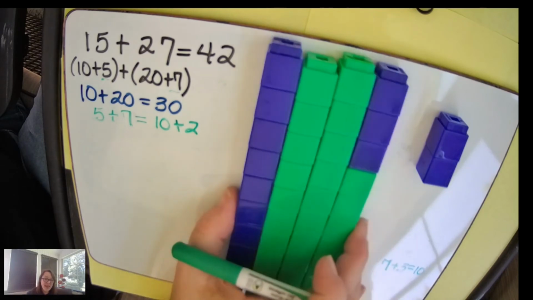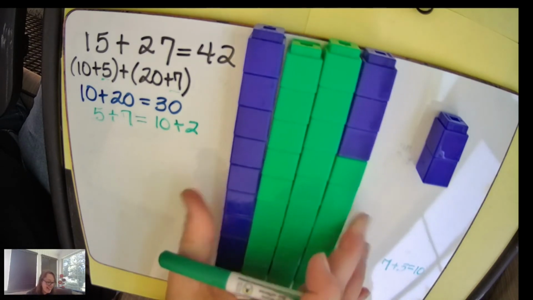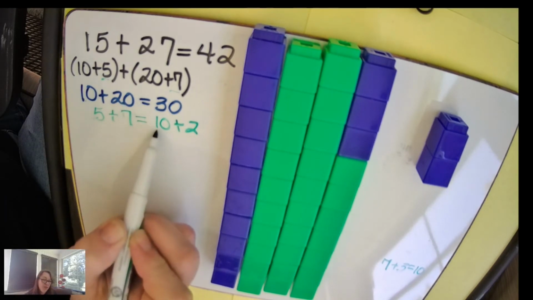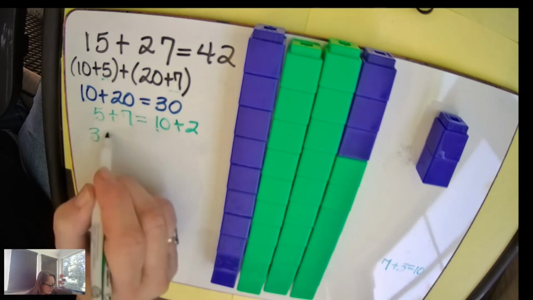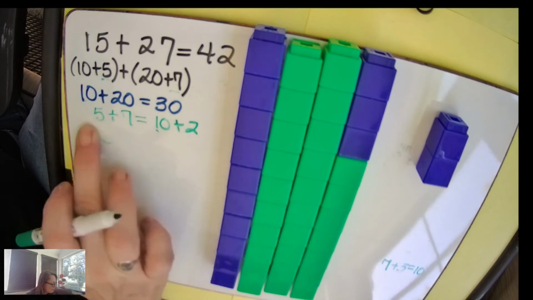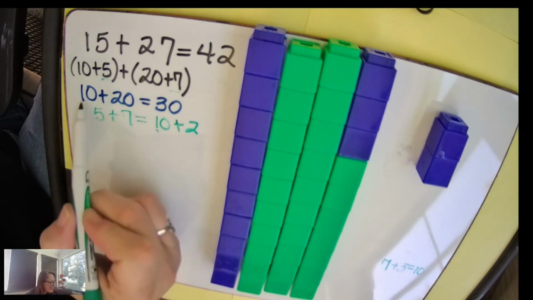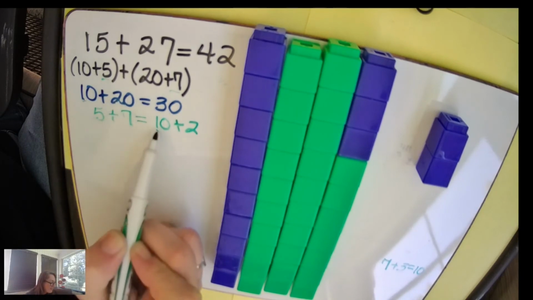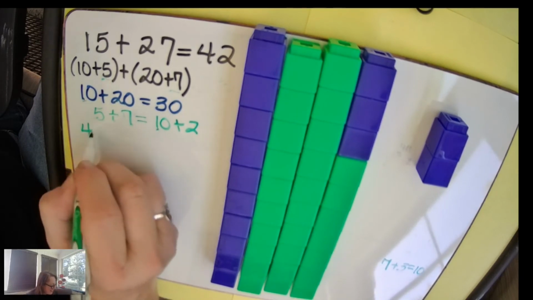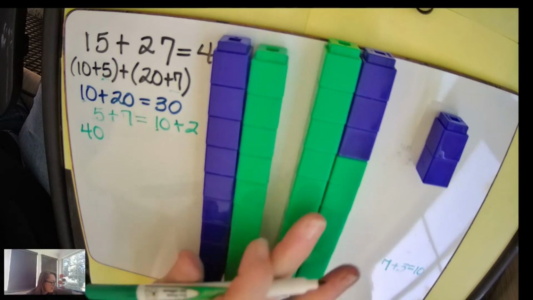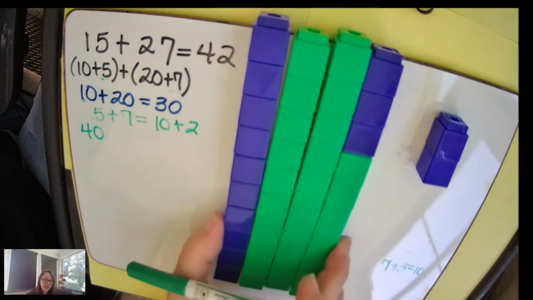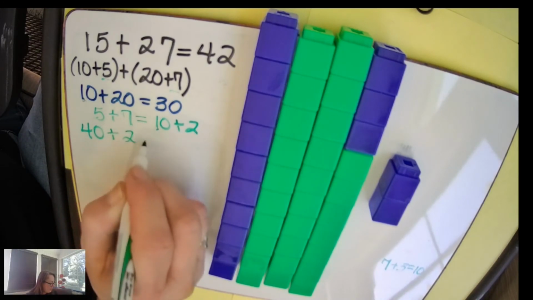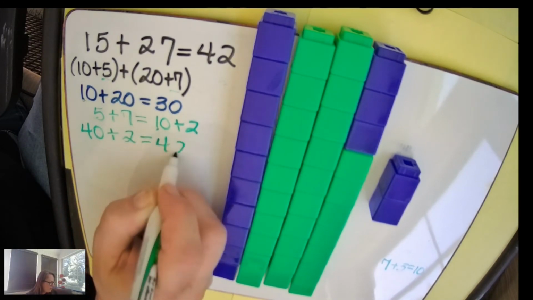So now we combine all of the 10s again. 10, 20, 30. Sorry. 10, 20, 30, 40. 10, 20, 30, 40 plus 2. And that equals 42.